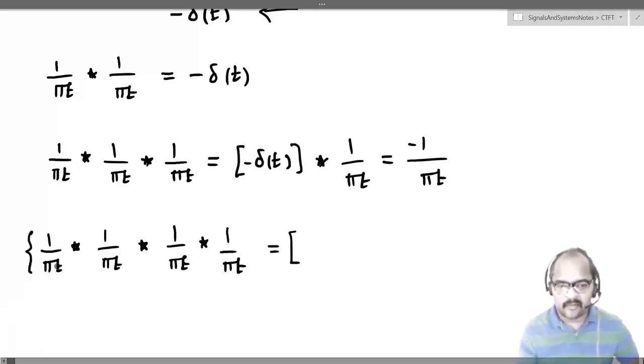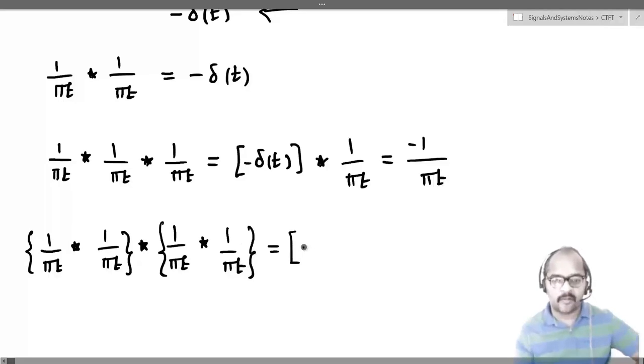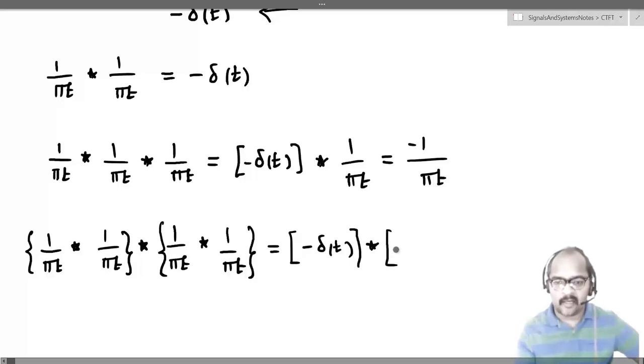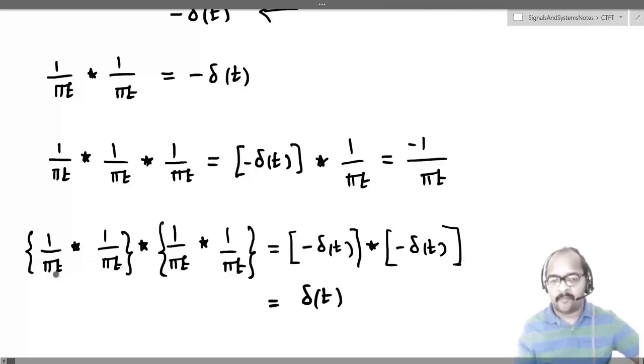The first 1 by pi t convolved with 1 by pi t, we already know the answer, it is minus delta of t, convolved with the second pair, which also gives minus delta of t. So the minus will get cancelled. Delta of t convolved with delta of t is delta of t itself. So 1 by pi t convolved four times will give you delta of t.